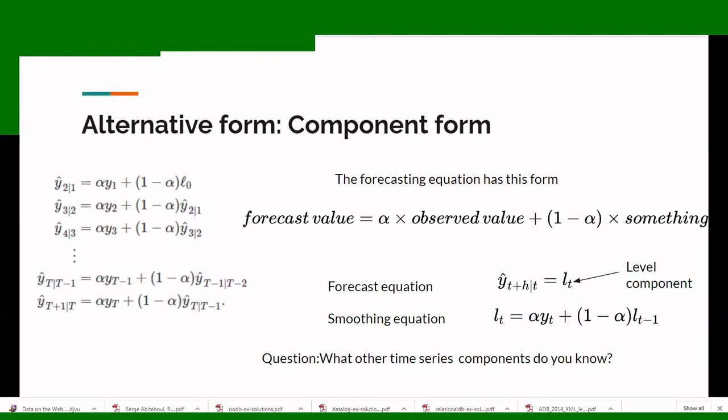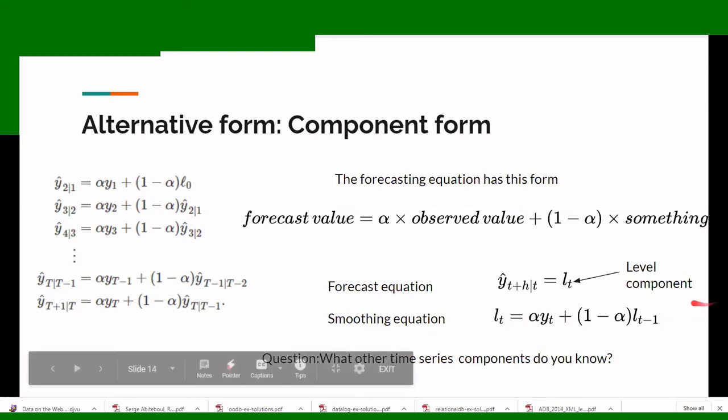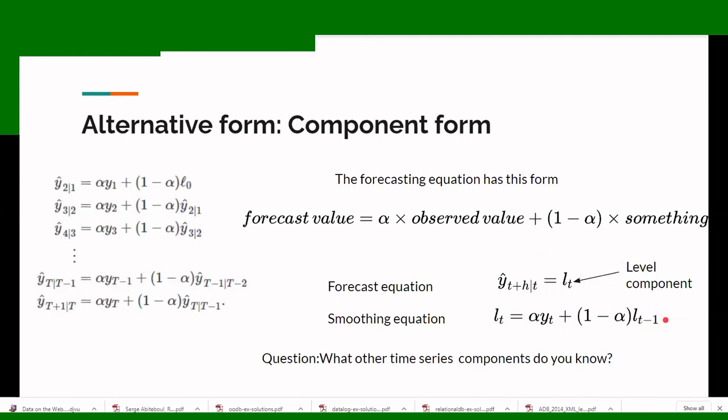So unang-una, itong simple exponential smoothing, hindi natin pwede ma-apply, hindi siya suitable if we have other characteristics of the components of a time series. Kasi nga, it's just predicting this. Wala nang iba. Tama?